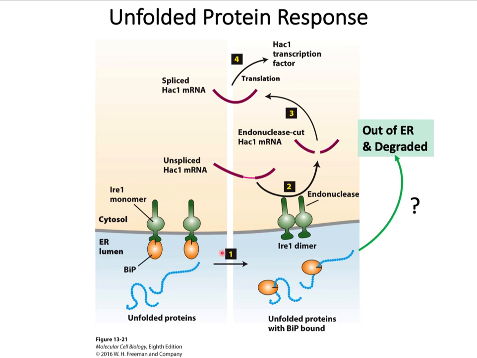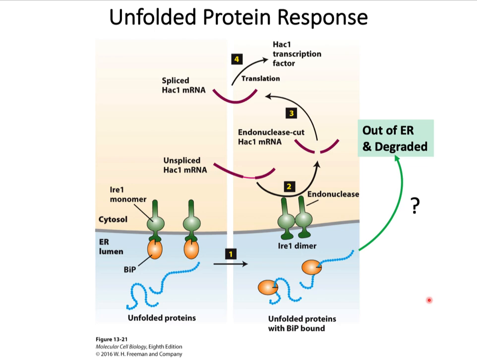But if unfolded proteins occur in the lumen of the ER, BiP will bind to these proteins and come off the IRE1 endonuclease. In that case, when IRE1 is empty, it dimerizes. So this is the dimerization of IRE1, which is the active form, and these endonucleases are activated at this point.